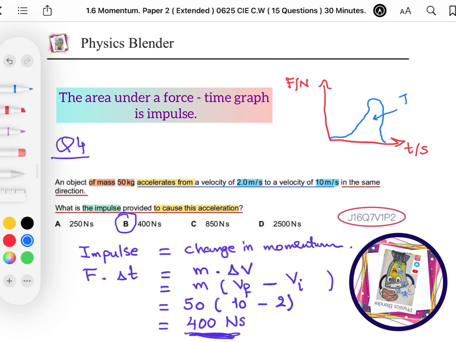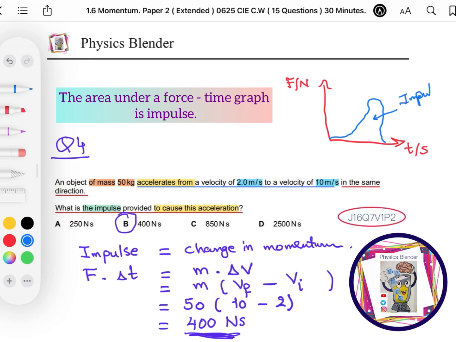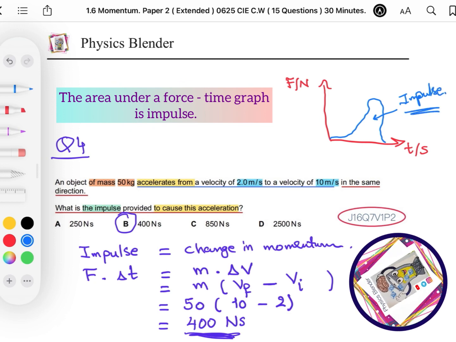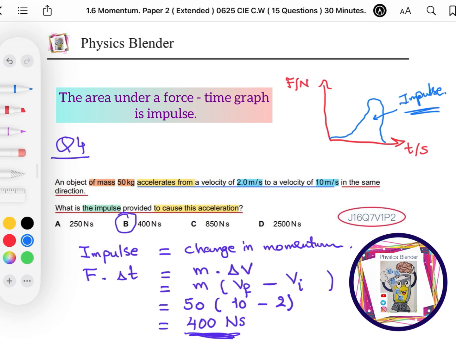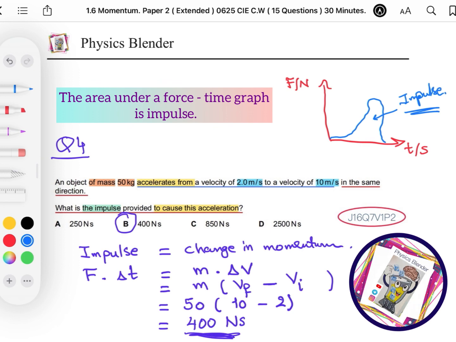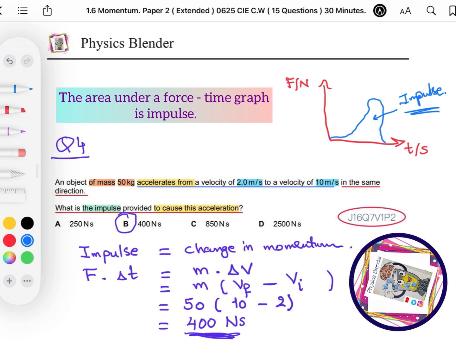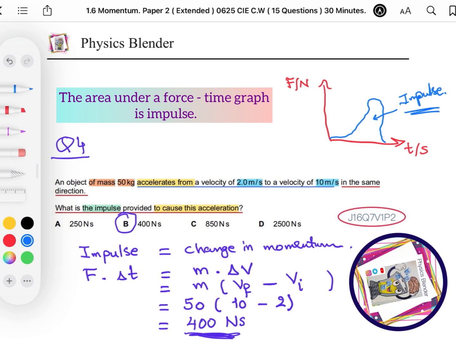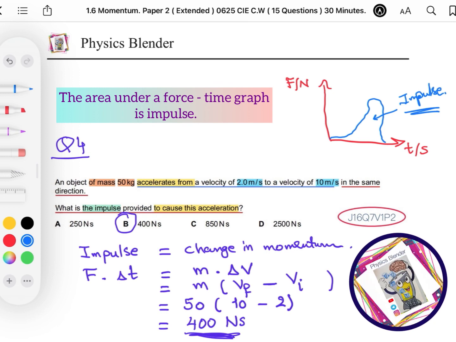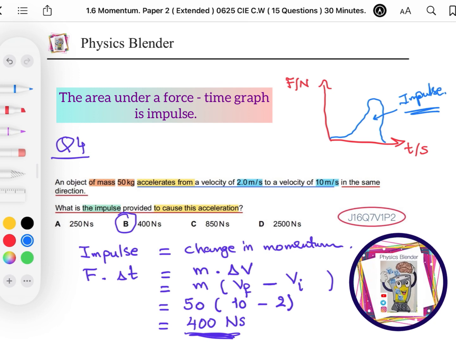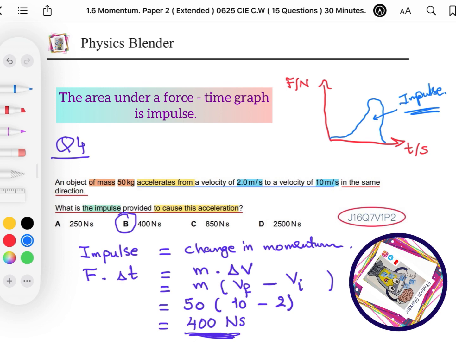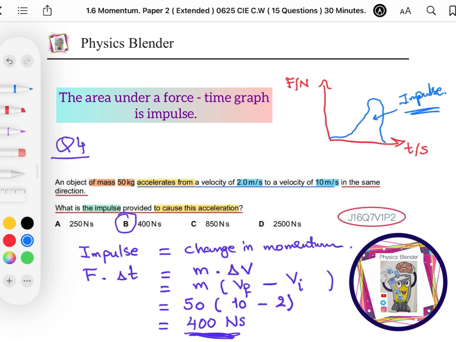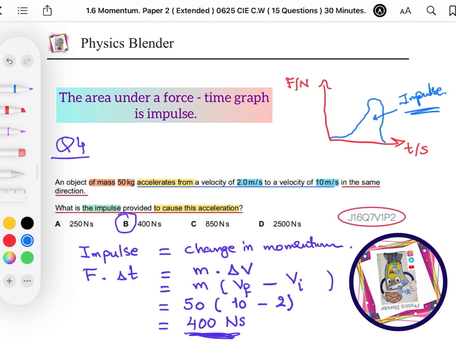This point is very important. If you have a force time graph, area under the graph is impulse. Again, area under force time graph is impulse. Check your final answer is realistic. Don't just write down what is produced in your calculator.